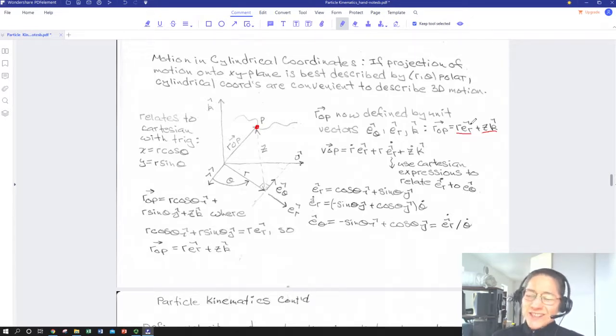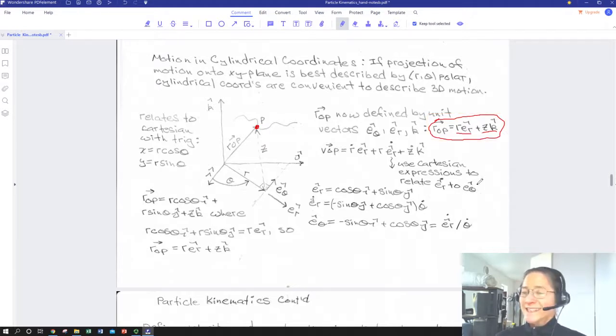Now the direction of that unit vector r might have an awful lot to do with my unit vector theta and my value of theta at the time, but just to express position, it is what it is. And we're going to see that theta comes in when we start taking time derivatives, but at this point our position expression only includes r hat and k hat. So our radius coordinate and our z, our height coordinate.